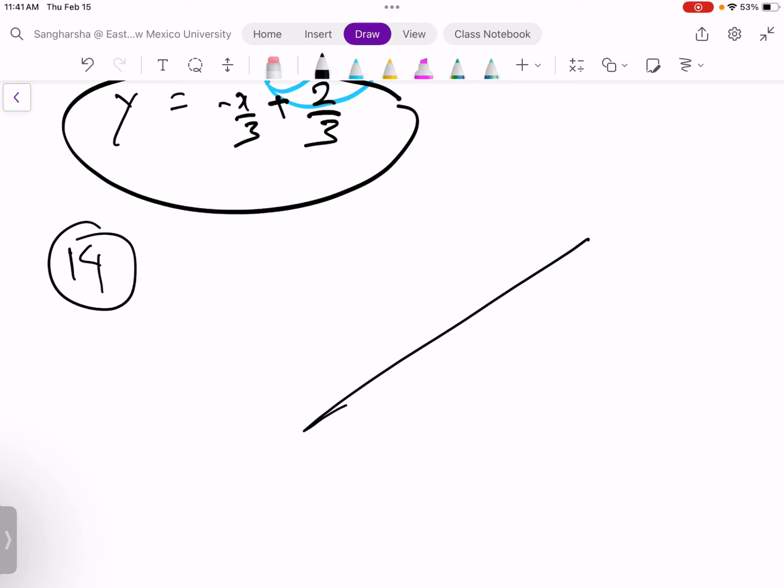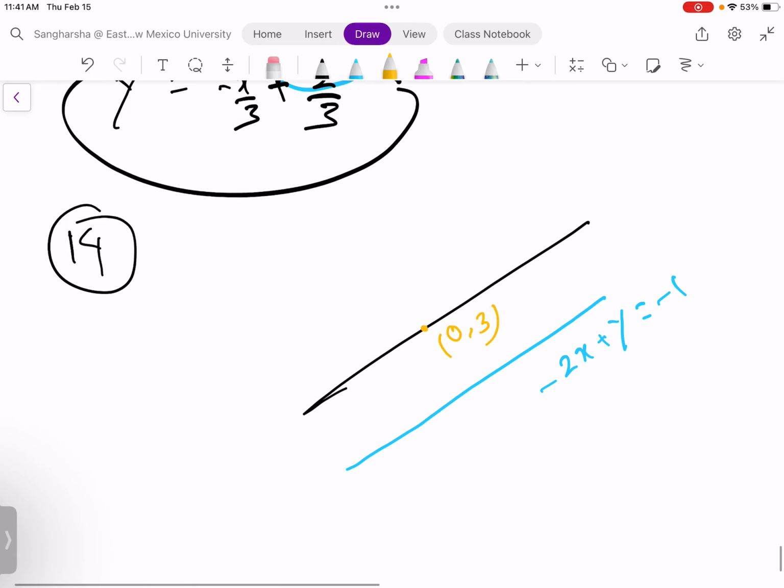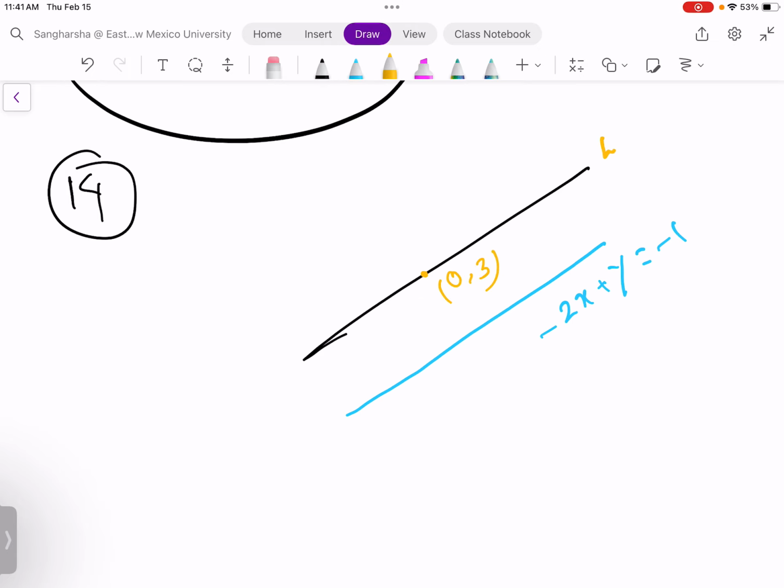Let's call this L2, and its equation is given to us: -2x plus y equals -1. And the black line is passing through the point (0, 3). So we are asked to find the equation of this line L1. L1 is parallel to L2.